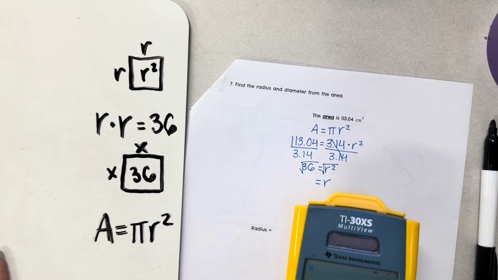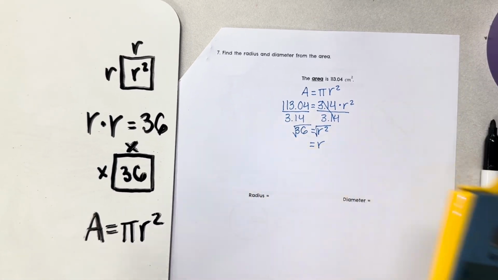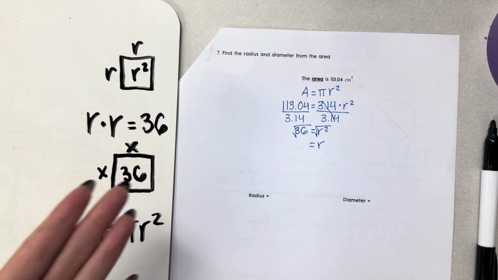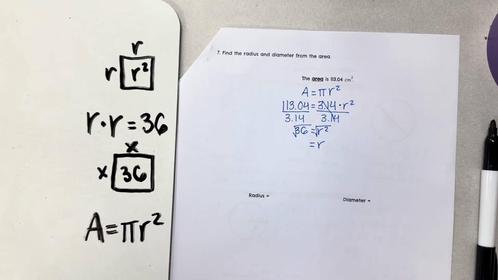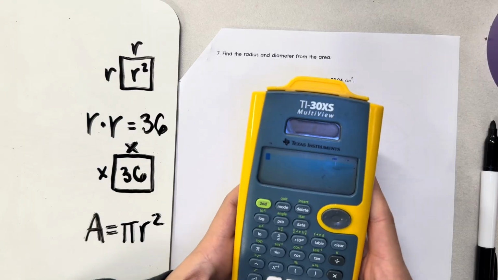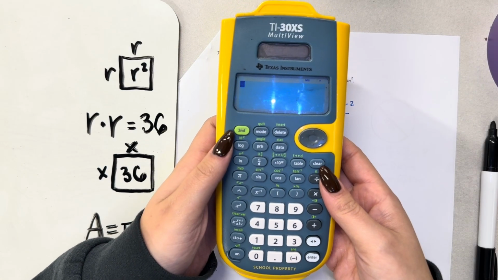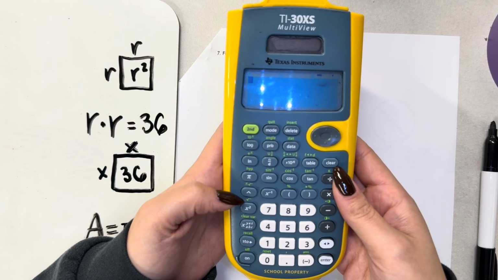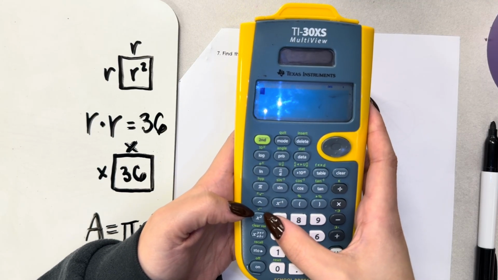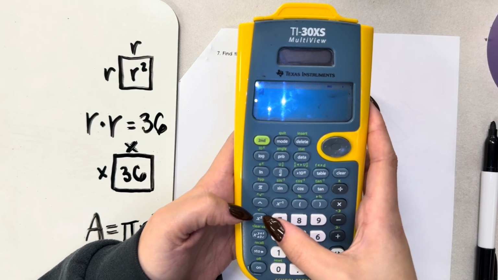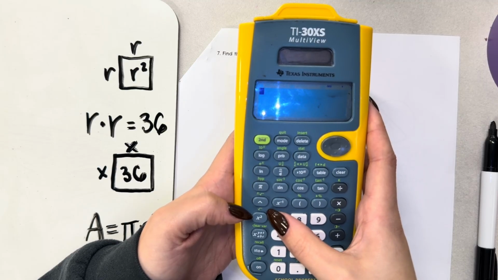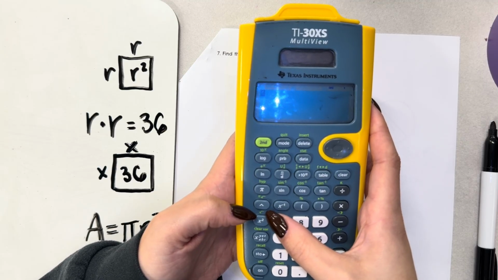Now with the square root of 36. Some of you can look at 36 and you're like, oh, I know what number multiplied by itself gets me 36. But if you don't know that, you're going to use your calculator. On your calculator, there's this square root button. It's right above this x squared button that squares things, in green.